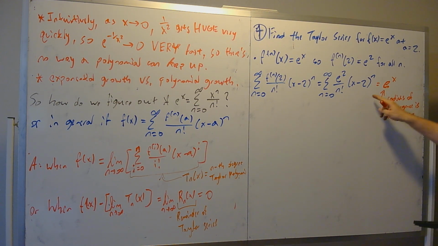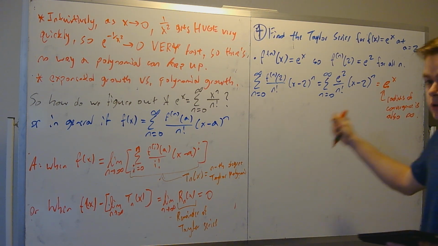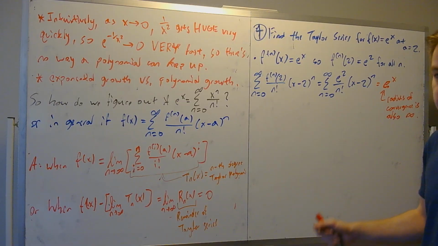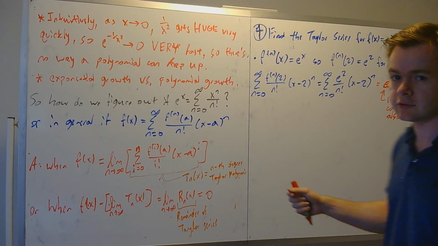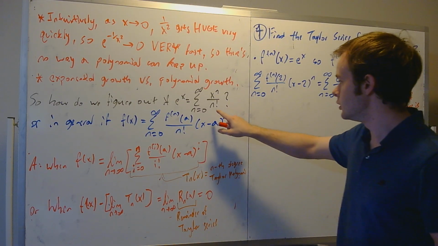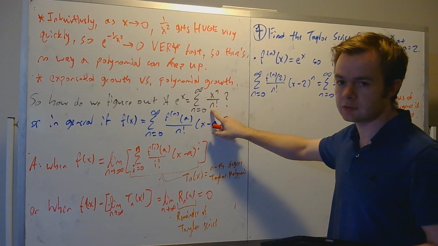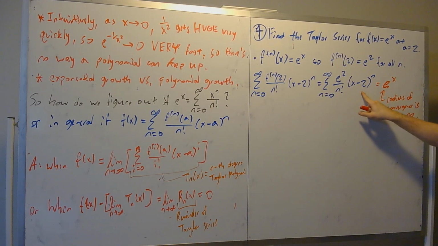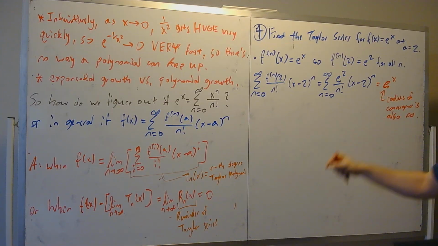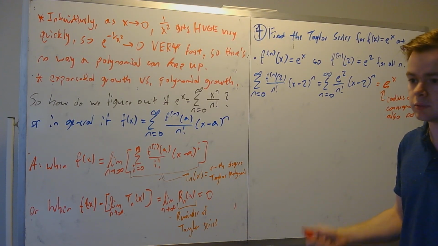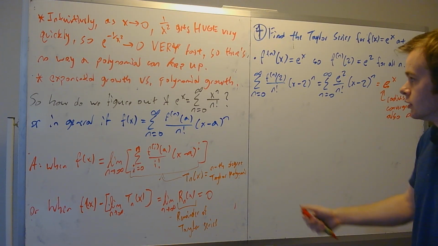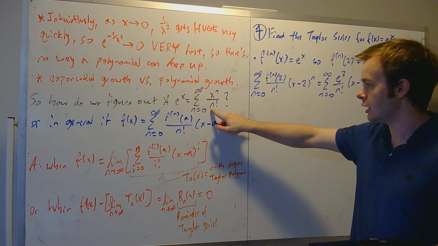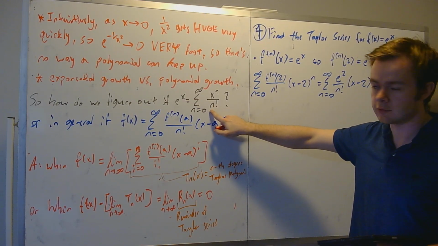So you see here that we actually got two different representations of e to the x as power series. This was one of our power series representations of e to the x. This was a different one, and they're both correct. It just depends where you want the center to be to make the calculation a little bit easier. Here the center was at a equals 0. This was our Maclaurin series.